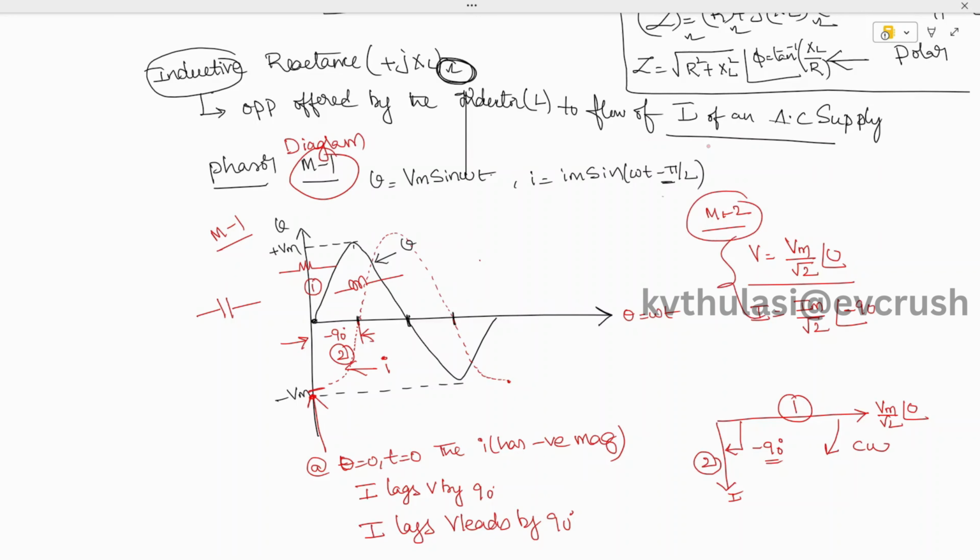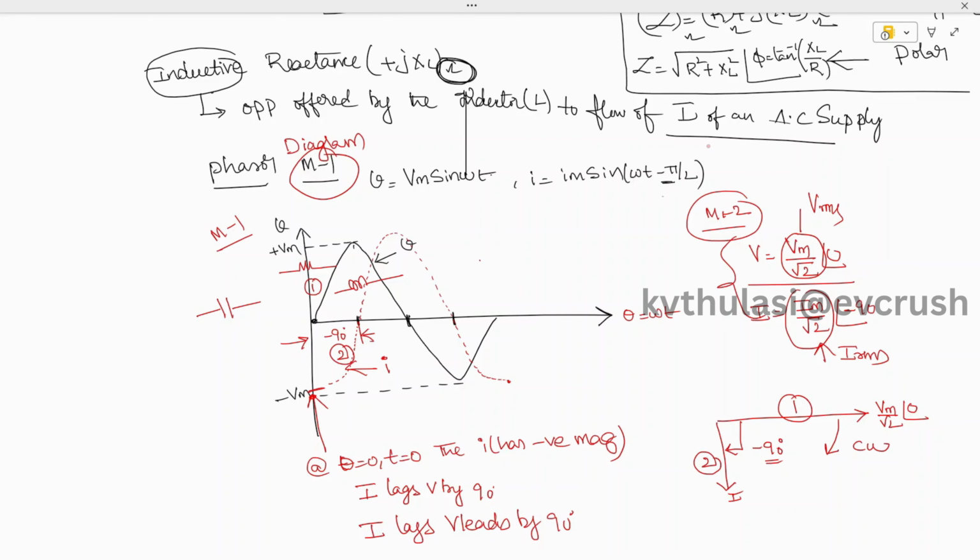Here Vm by root 2 is what we call VRMS, and Im by root 2 we call IRMS. This is how we use the two methods to draw these waveforms and conclude that current lags the voltage by an angle. So this is all about the inductor.